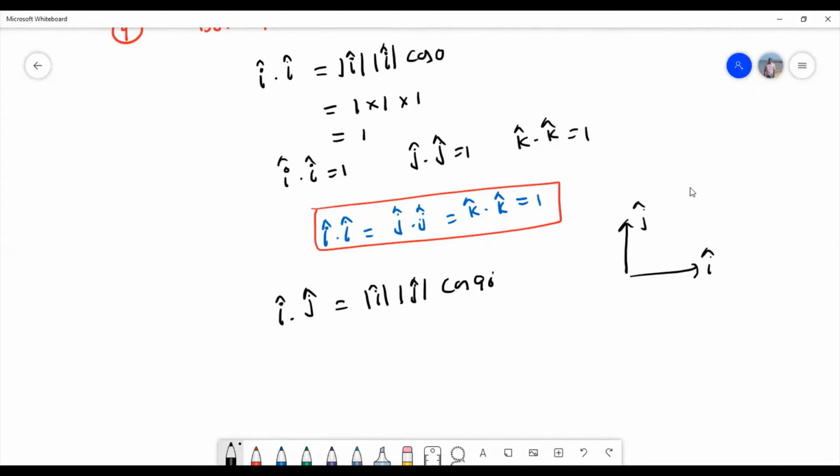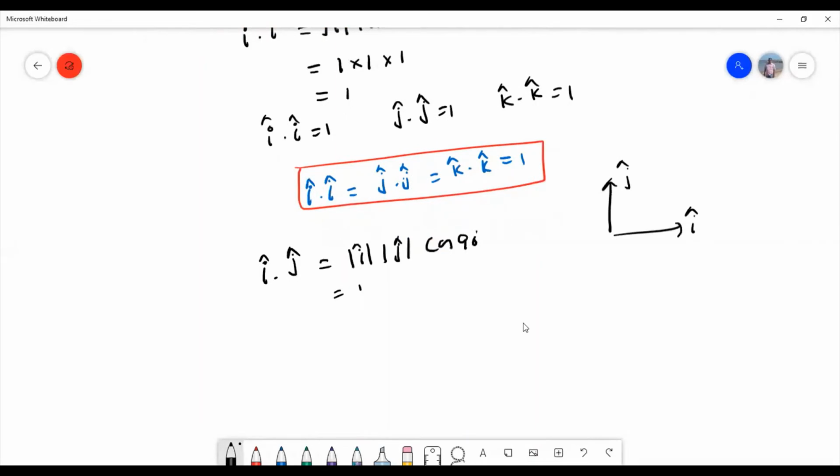I cap is along the x axis, J cap along the y axis. So in this case, you write 1 into 1 into 0. So overall it is 0. So I can write this as I cap dot J cap is 0. Similarly J dot K is equal to 0.